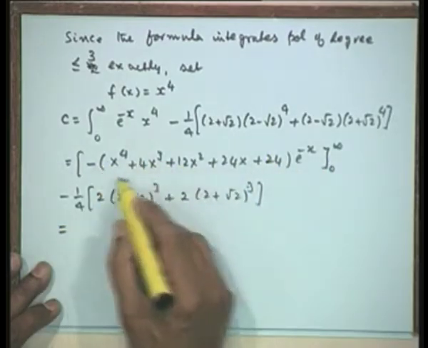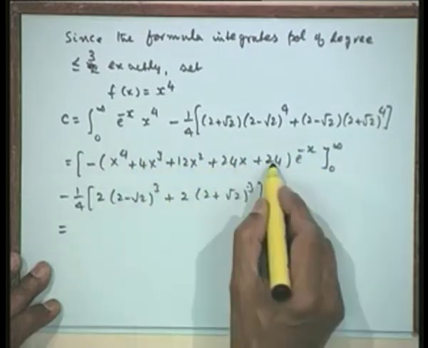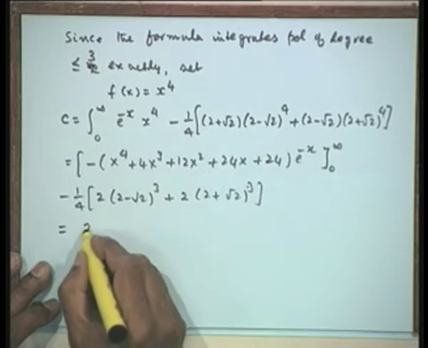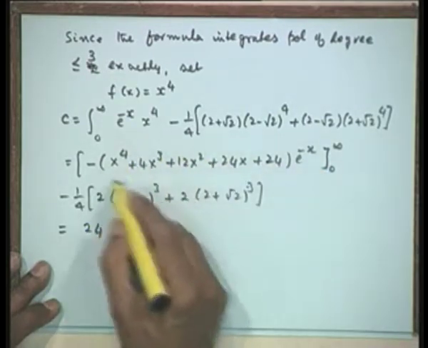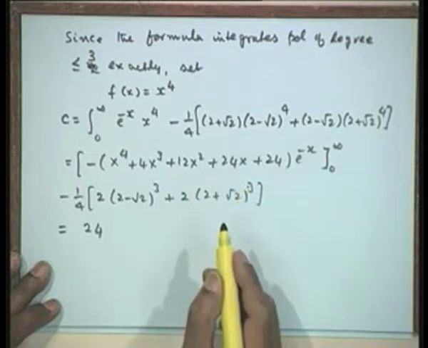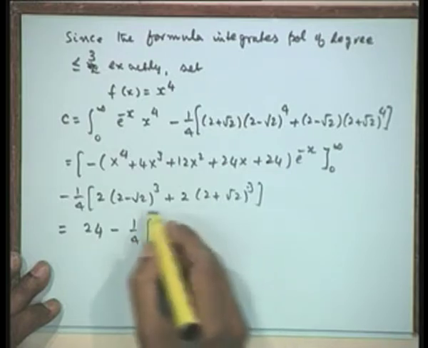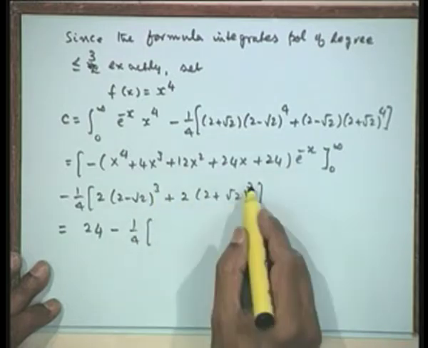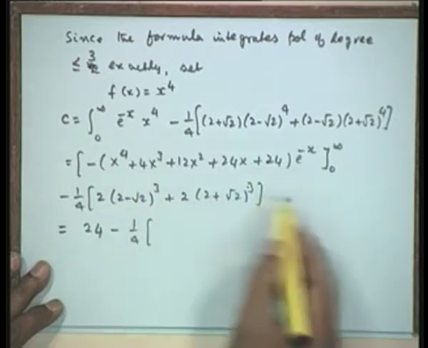Now, at infinity this is entirely 0, at 0 all of them are 0 except 24. So what is left out is simply 24 into 1, that is simply 24, that is what we get from the first bracket here, and the second bracket is 1 upon 4. Now, this is odd power 3, so all these odd ones will cancel off, that root 2 one will cancel.